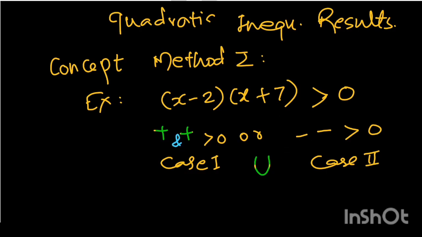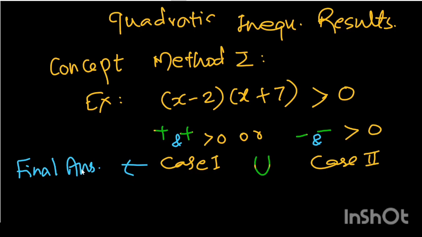Similarly, for the second case, the two inequalities must be minus and minus, so both should be and. To solve each case we use and, and after solving case 1 and case 2, we take the union, and it will give our final answer. That is the concept behind method number 2.